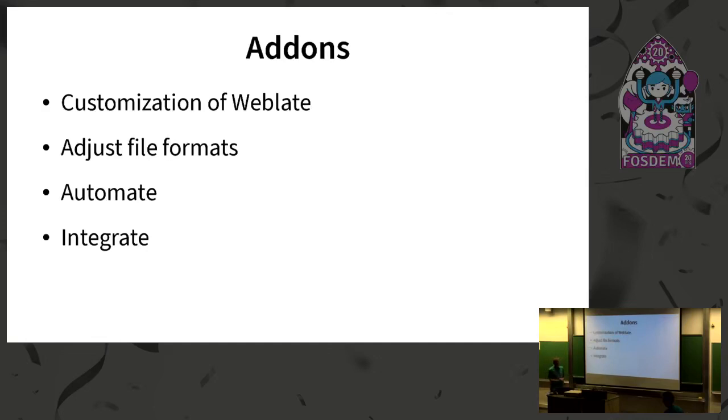But the workflow is not the same for all the projects. That's why we introduce the concept of add-ons. These allow you to customize how the workflow works. It brings additional automation.